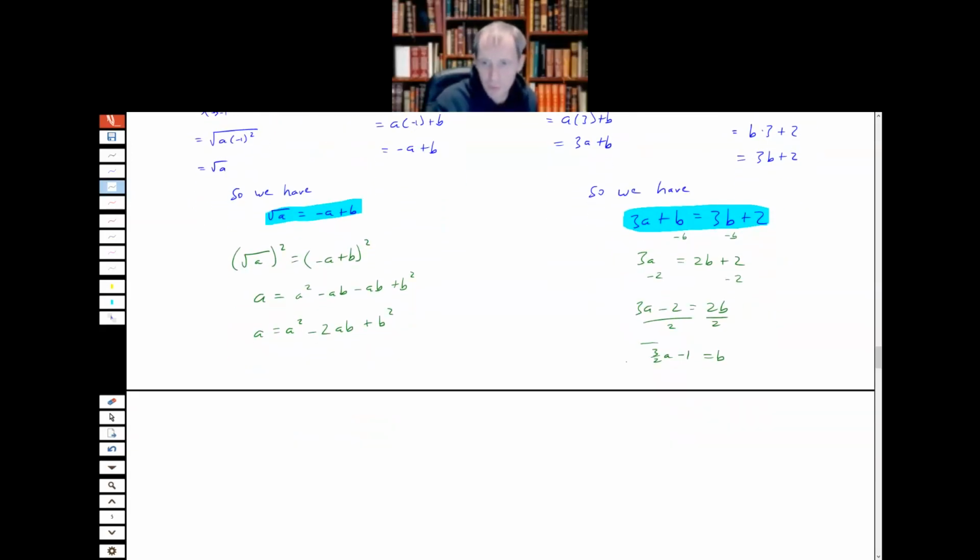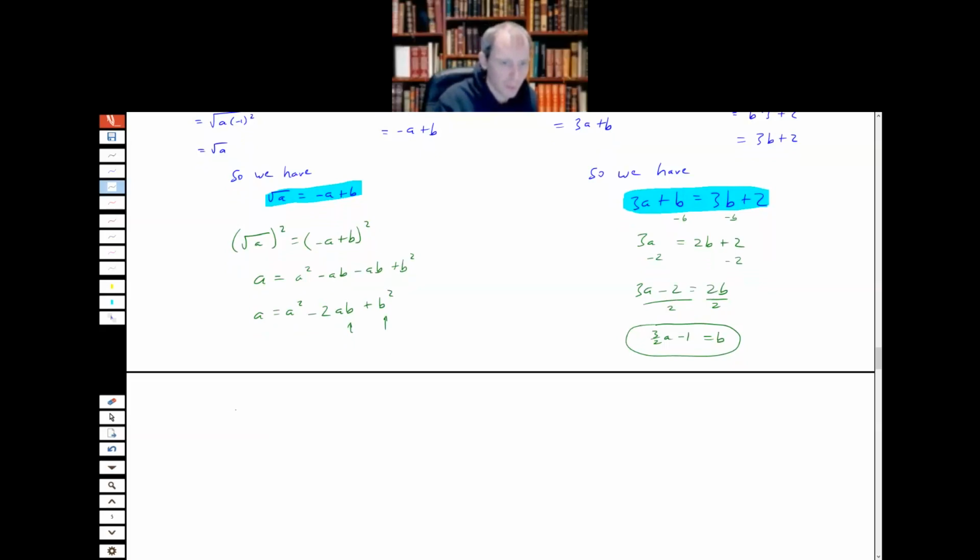Okay, so what I'm going to do is take that value for b, and plug it in for b into the other equation. That will get rid of the b variable. So I plug in 3 halves a minus 1 for that first b, and 3 halves a minus 1 for b in the second one.